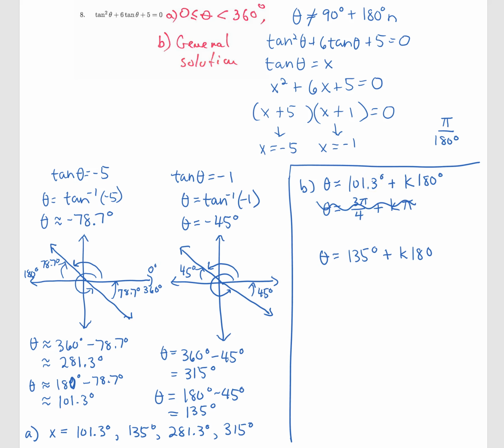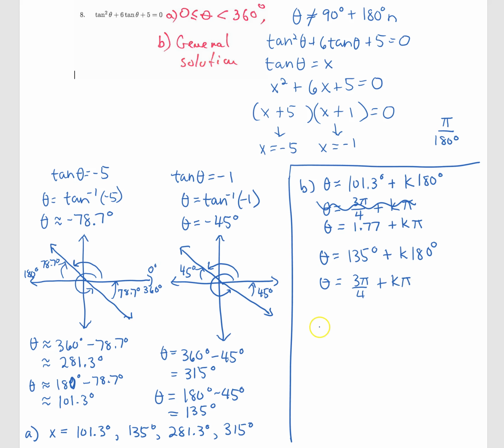Converting this to radians actually gives you theta is equal to 1.77 plus k pi. In this case, when we convert to radians, we get 3 pi over 4 plus k pi.